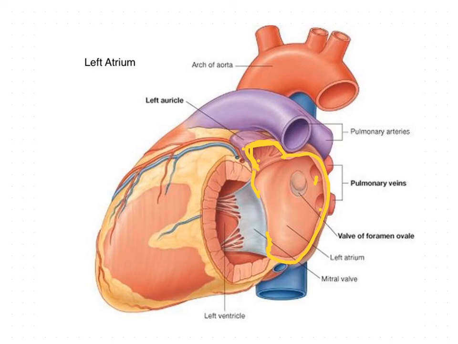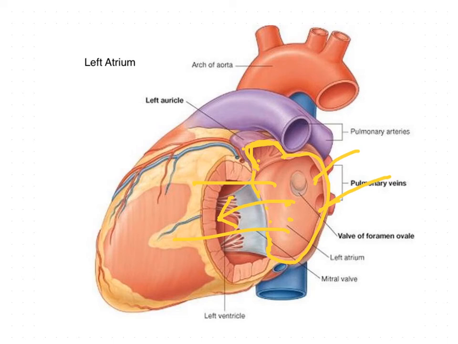This atrium receives oxygenated blood from the lungs through the four pulmonary veins, and it pumps blood from the left atrium to the left ventricle through an opening called the left atrioventricular orifice, or mitral opening, or bicuspid opening.